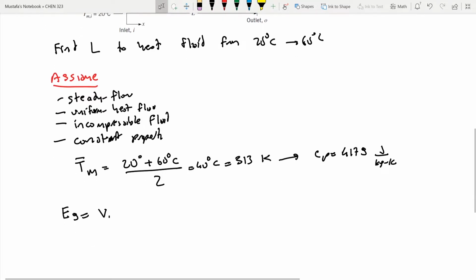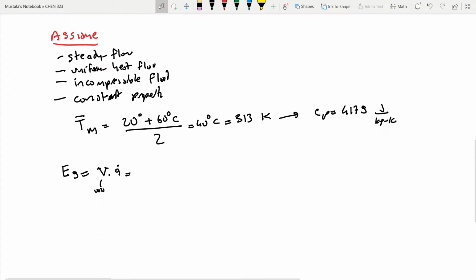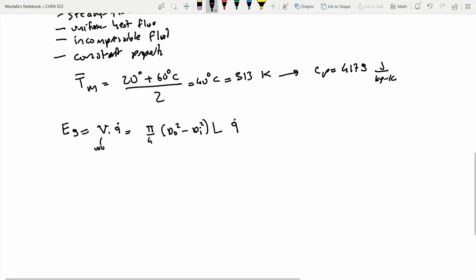Since this is a cylindrical pipe, we have inner diameter, outer diameter. I can calculate the volume simply by pi over 4, the outer square minus the inner square, multiplied by L, multiplied by Q dot. This is going to give me the energy generation.